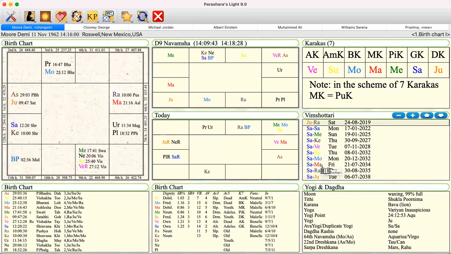Moon will be difficult. Mars will be very good for her, Rahu will give her problems, and Jupiter will be nice again. So you can see even subdashas are very supportive, so you don't always go through a period where everything is very, very difficult. Anyway, that's about the dashas.